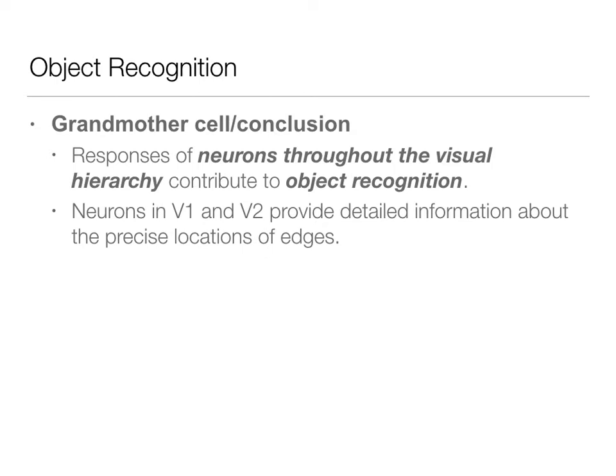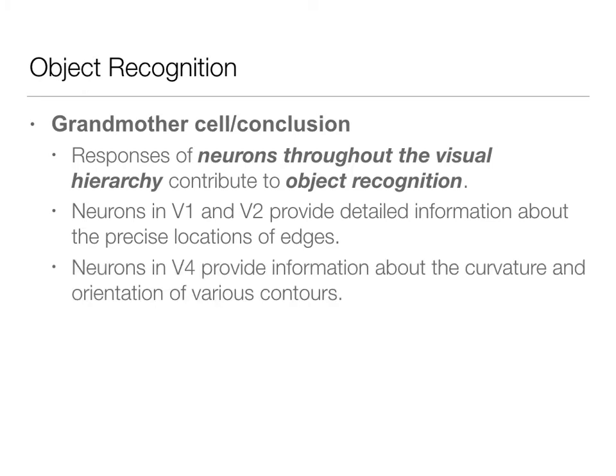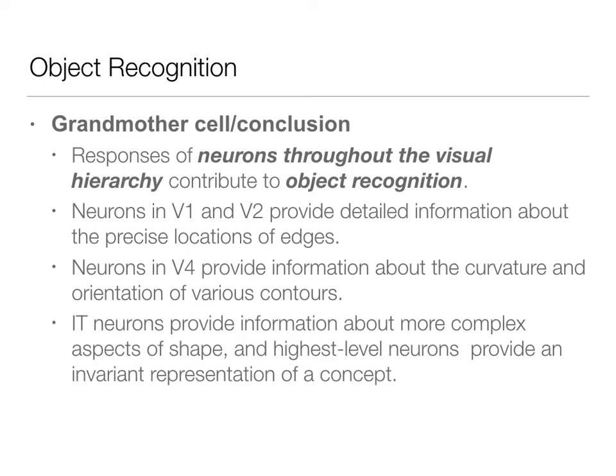Neurons in V1 and V2 are providing really detailed information about precise locations of edges, whereas the neurons in V4 are giving us information about curvature and orientation and contours, which is all stuff that you went through in that LaunchPad exercise. And the neurons in the IT cortex are giving us that information about complex shape.